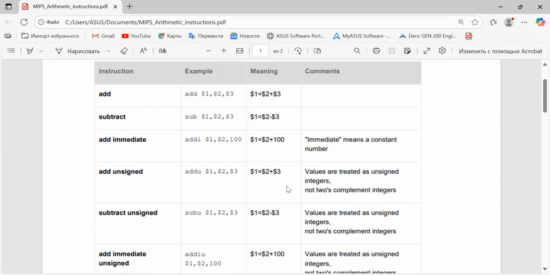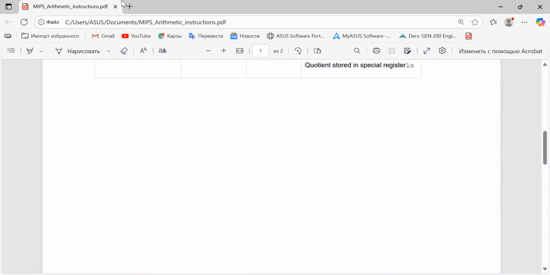In order to represent a number, the number can be either unsigned or signed. What does that mean? For example, let's say we have the instruction addition, add.